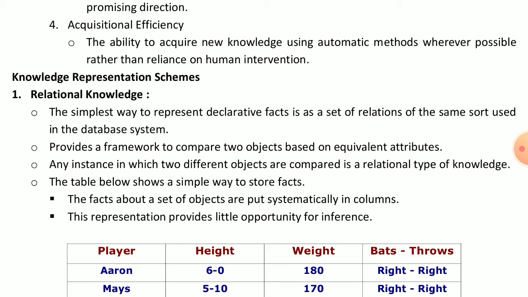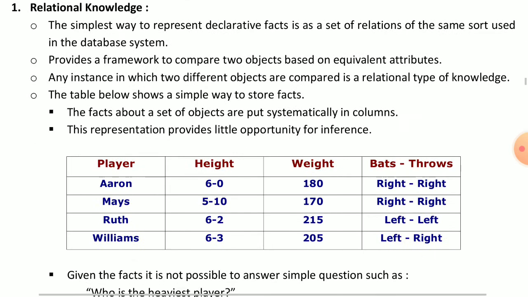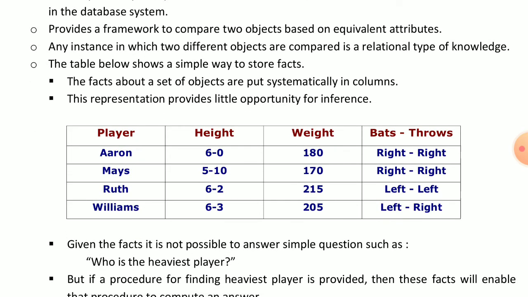Here one table is shown as a simple way to store facts, the facts about a set of objects. Objects are different person names, or we can take player, height, weight, bats, throws, different columns.